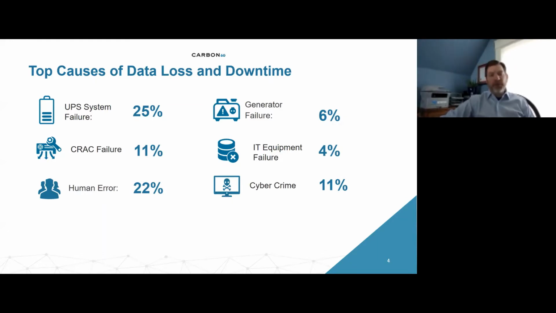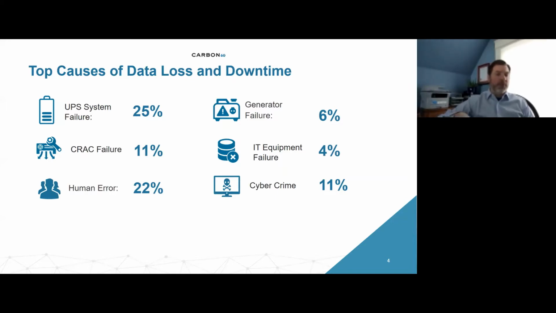Human error at 22%. I've seen many in my career, fat finger problems, or through a migration, massive data loss through some human error challenges. And then the last one is cybercrime. This one we see a fair amount of at 11%. I know of several large scale companies that have had massive downtime due to crypto locker type scenarios.